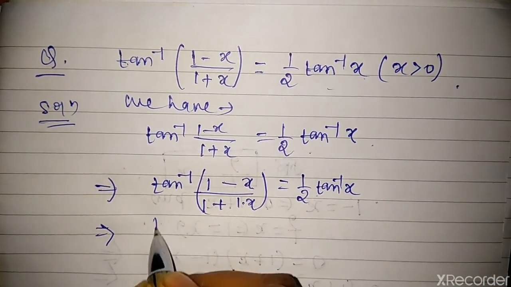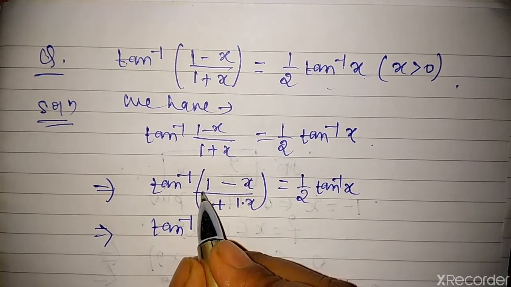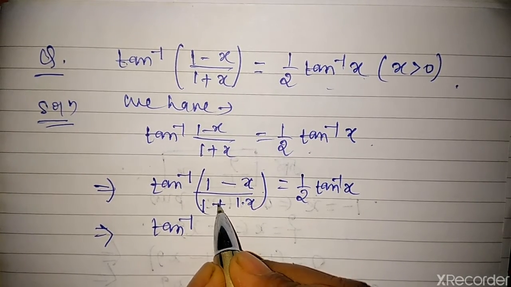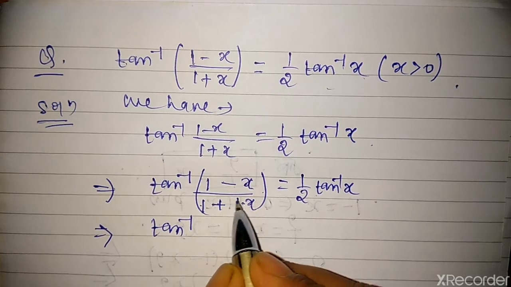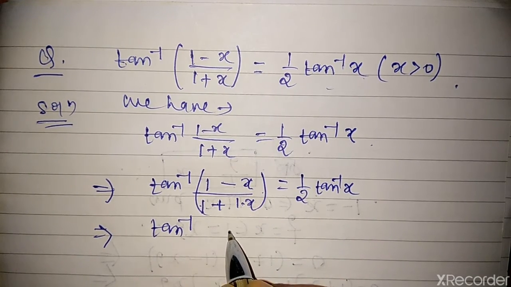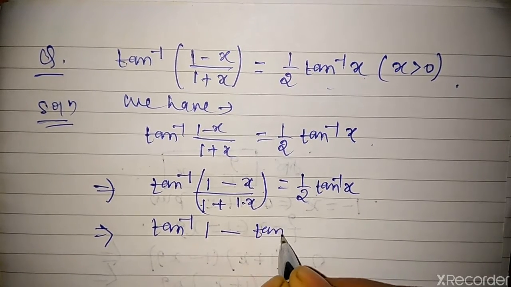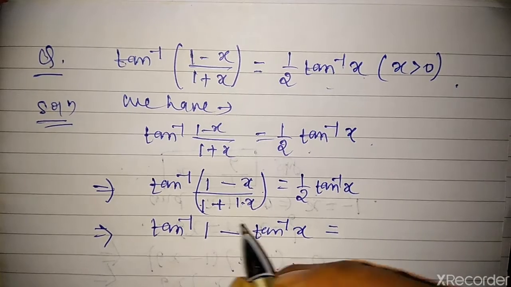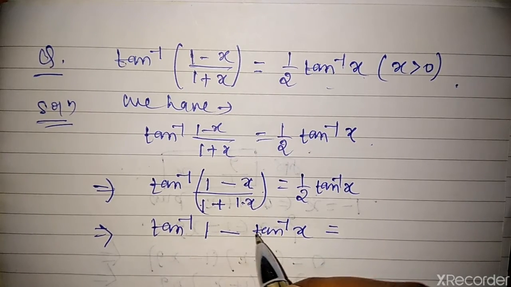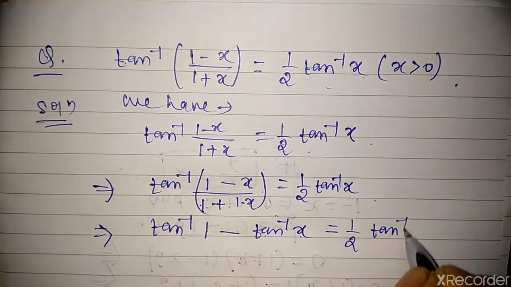Now the formula is tan inverse of (a minus b) divided by (1 plus a into b). So this is the formula for tan inverse 1 minus tan inverse x, that means tan inverse a minus tan inverse b, and this is equal to half tan inverse x.